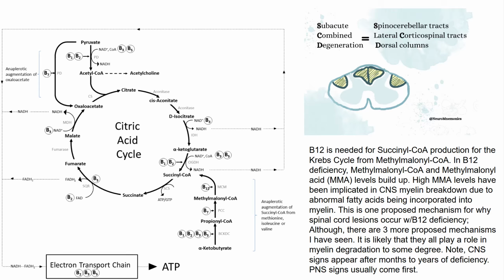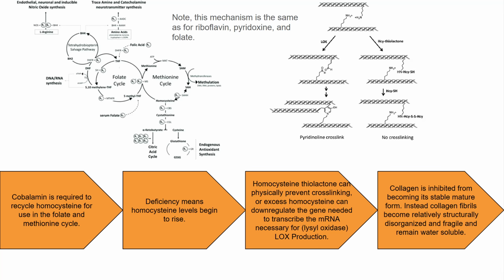However, from my understanding, the spinothalamic tract is impacted nearly as often as the spinocerebellar tract, so I'm not sure that that mnemonic is the best, but whatever. Note that the peripheral nervous system is still usually impacted first by vitamin B12 deficiency for similar mechanisms to the reason why folate impacts the peripheral nervous system.